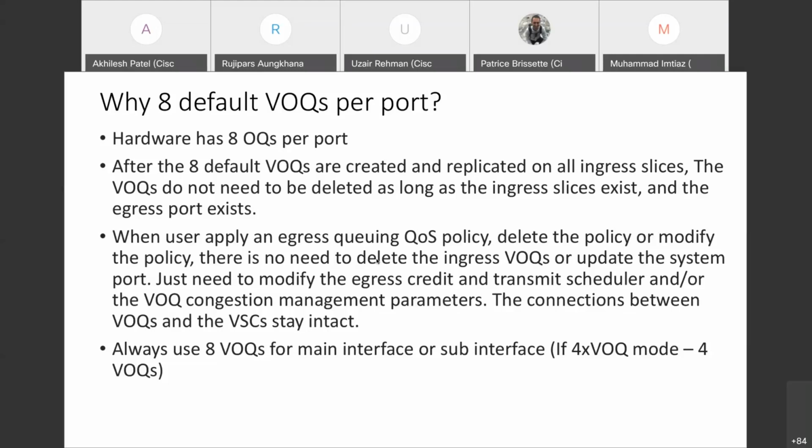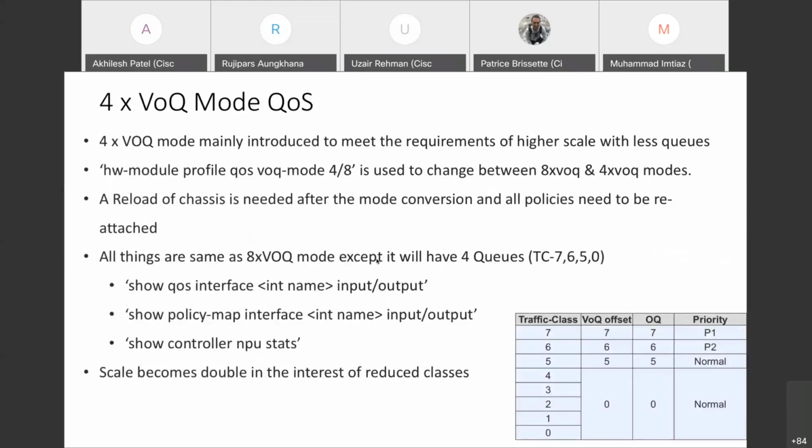We always use 8 VOQs for the main interface or the sub-interface. We can have 4 VOQ mode as well. We'll talk about that, but by default, it's 8 VOQs per egress interface. The 4 VOQ mode has to be configured with the hardware module profile QoS command.